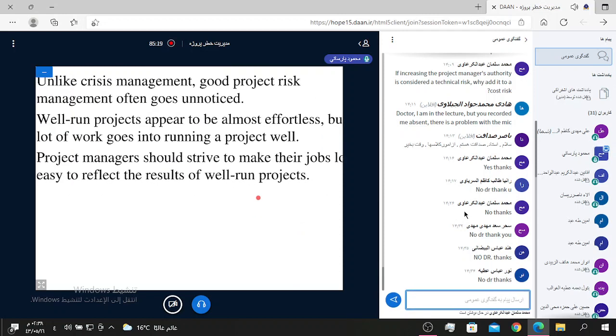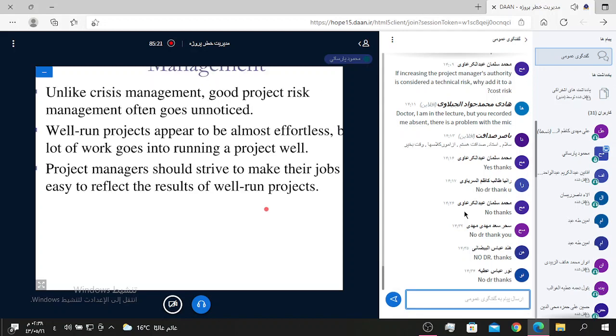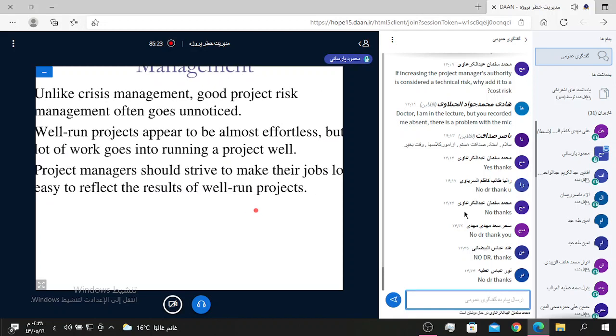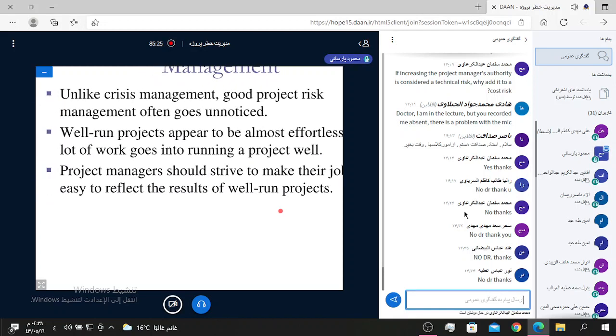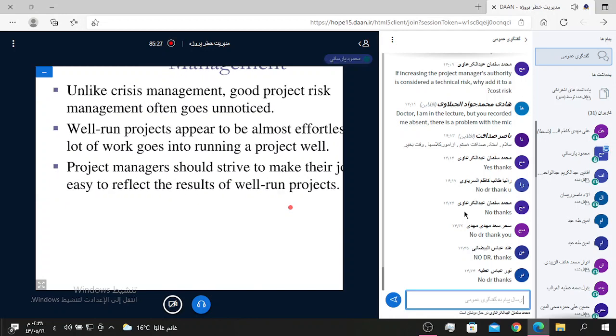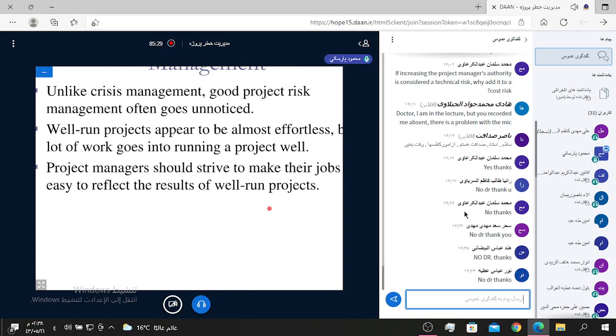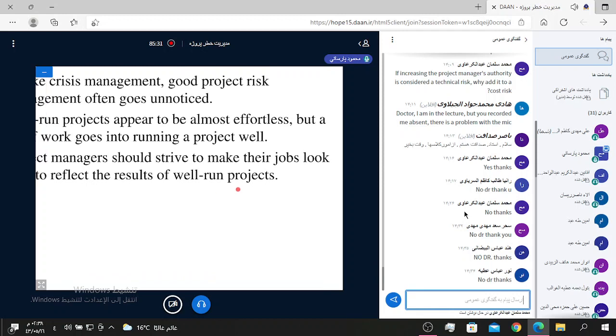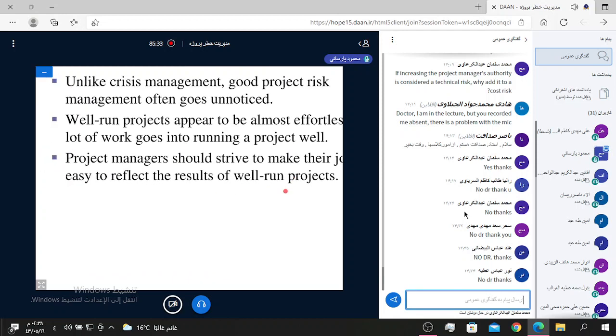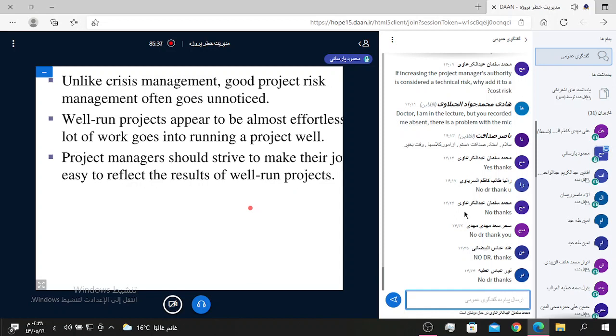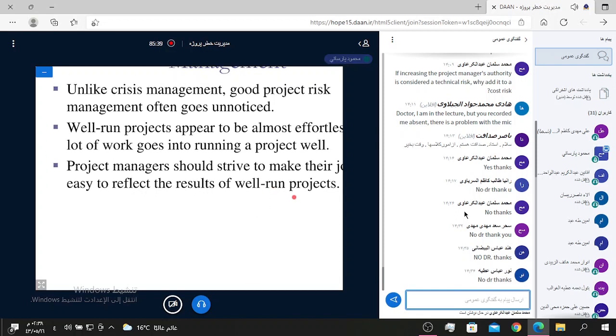No pain, no gain. In Persian we say: without toil, no treasure is gained. No pains, no gains. Well-run projects appear to be almost effortless, but a lot of work goes into running a project well. Clear.